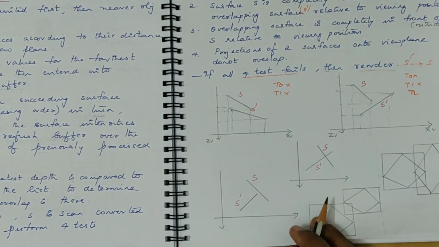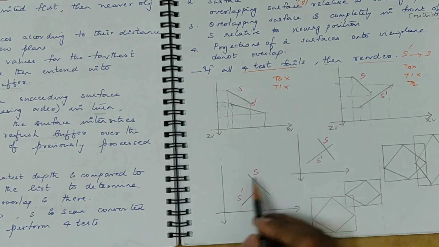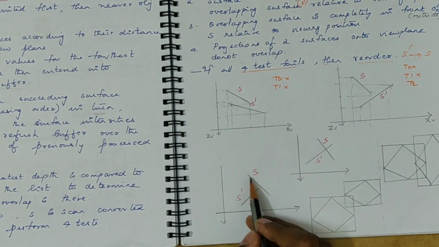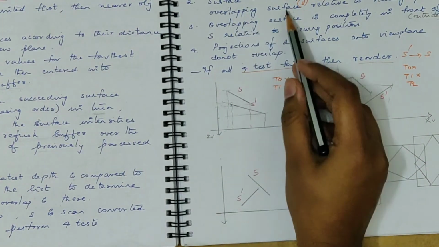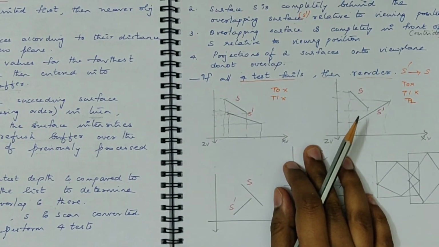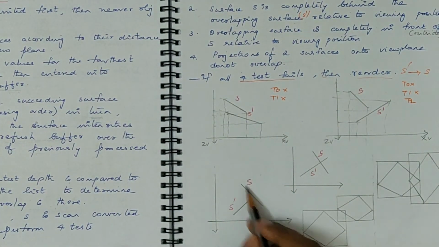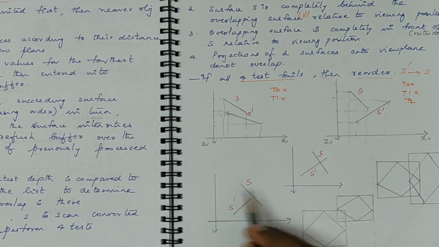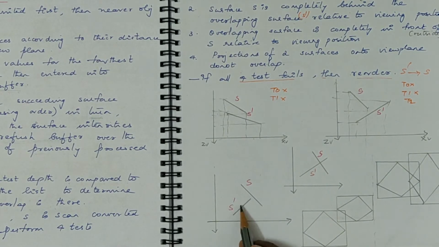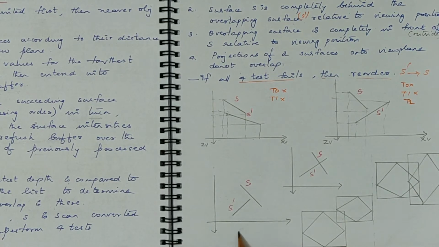But look at this case. In order to complement this, let's look at this example. Here you have to check if surface S is completely behind S dash, and here S is not completely behind S dash. Behind means any point which comes above S dash, because you are viewing from here.